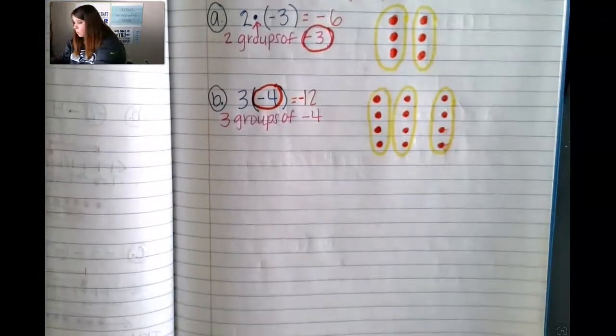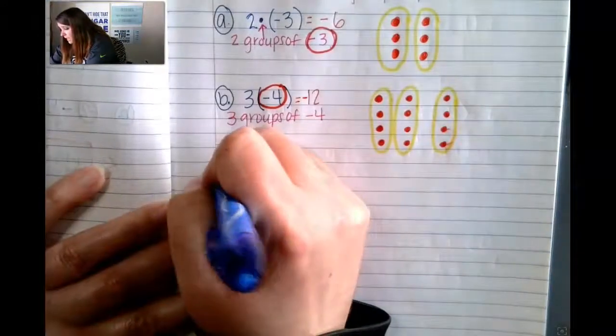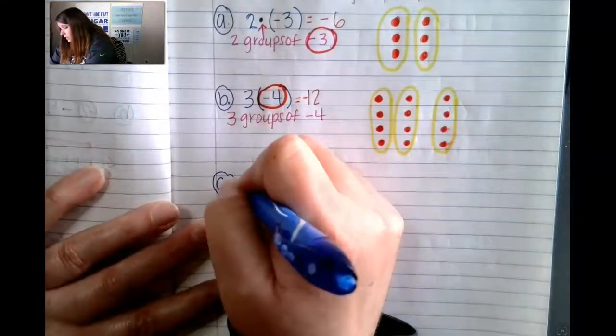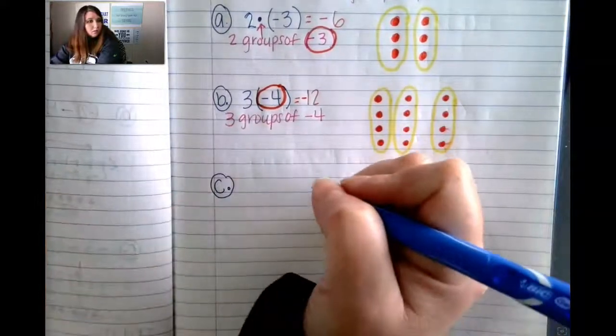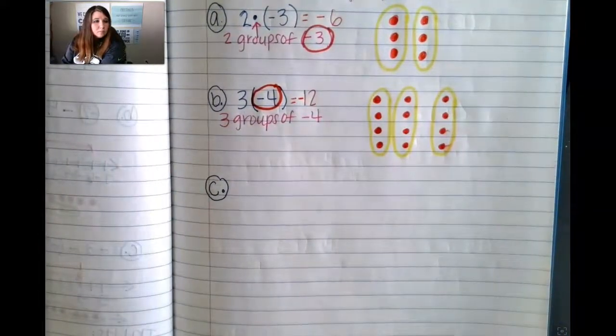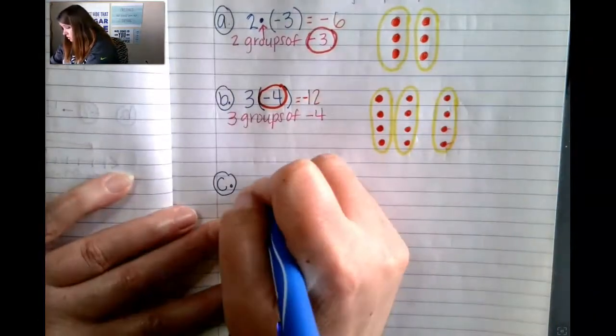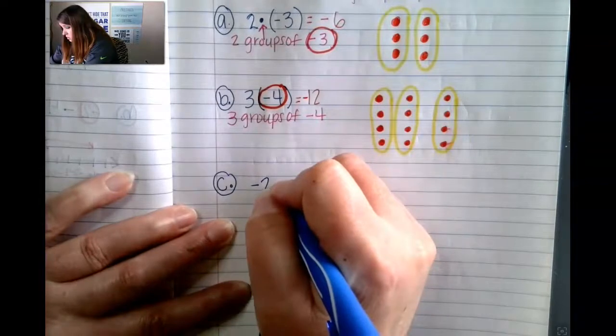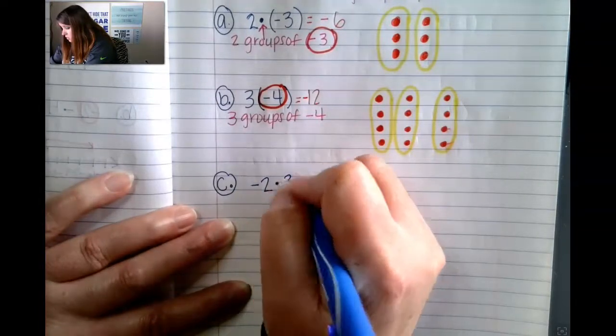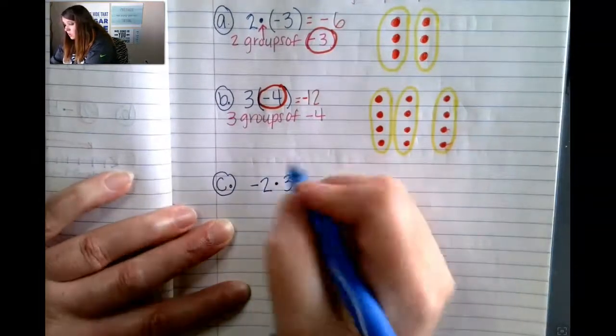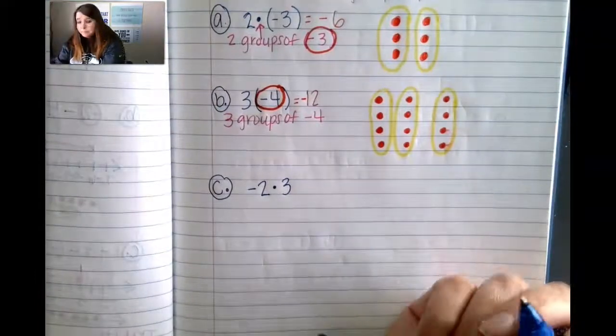Okay, when we have a problem that looks like this, -2 groups of 3, -2 times a +3.